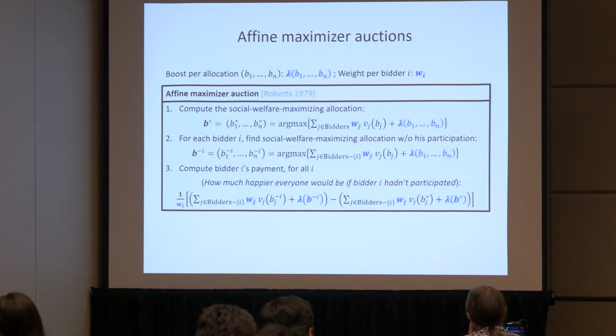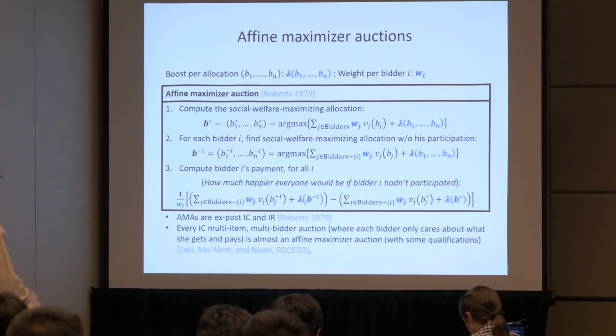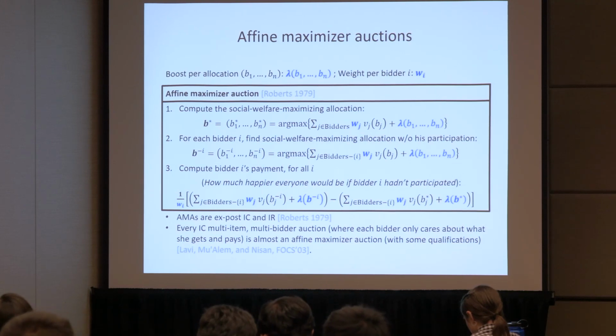This is called the affine maximizer auction, or an affine maximizer in mechanism design more generally. This was introduced by Roberts in 1979. The nice thing about this, let's talk about the first bullet first, is that affine maximizer auctions, which we'll call AMAs, are ex-post incentive compatible and ex-post individually rational.